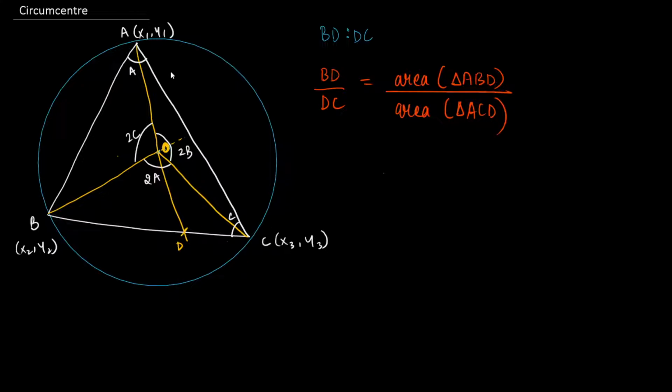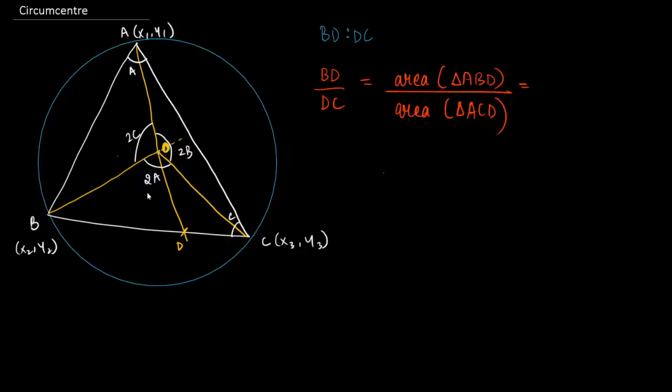Since both of these triangles have the same height, the ratio of the bases is equal to the ratio of the areas. How do we write this? Well, ABD divided by ACD, how can we write this?